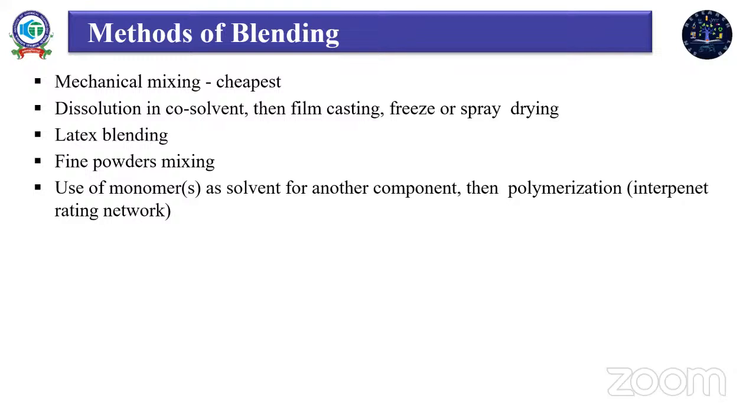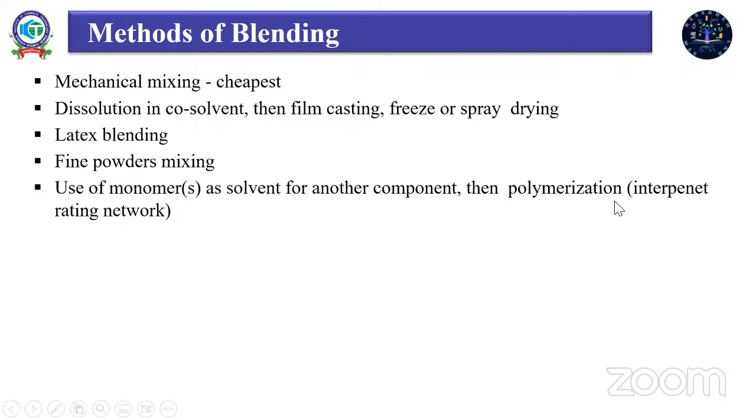You have a solvent system and then you add a co-solvent, and then you transfer that system into the mold where you cast that solution as a film and you just freeze or spray dry it. Then latex blending, fine powders mixing, and again the use of monomer as a solvent for another component, and then polymerizing it.